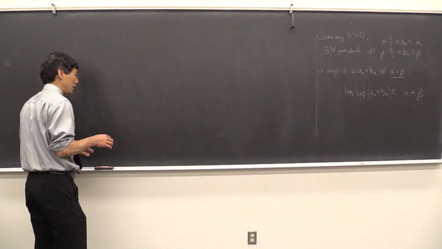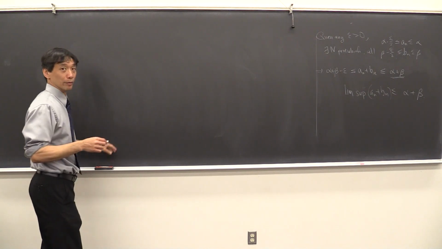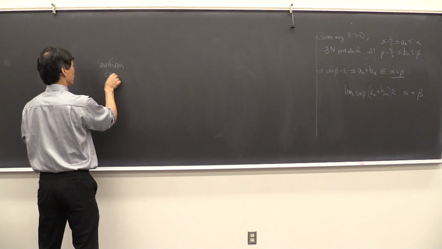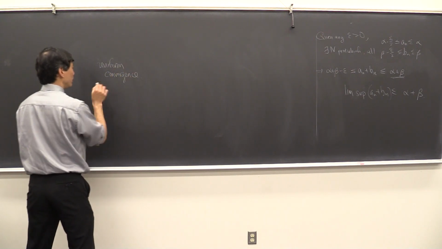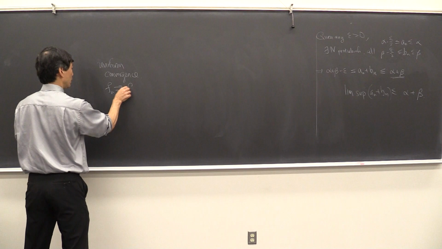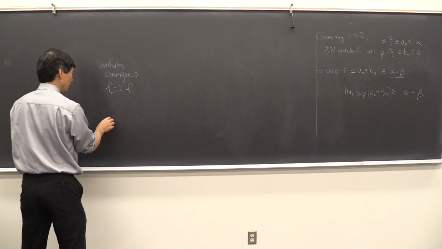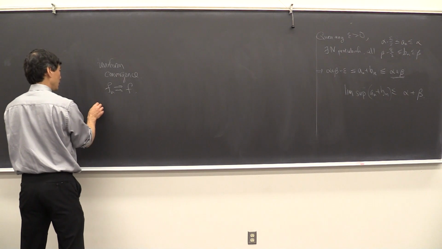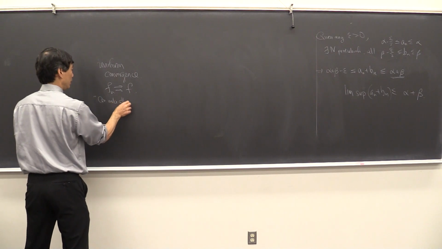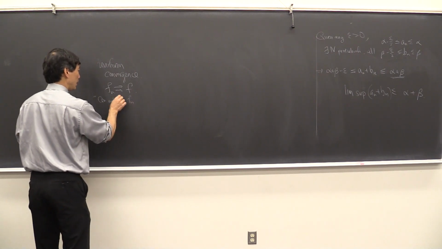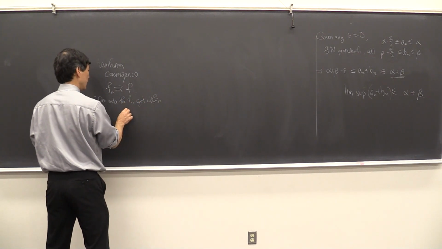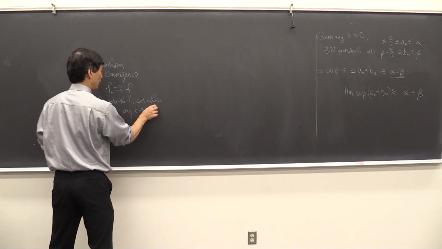So the important thing about the sup norm metric is its equivalence with uniform convergence. Uniform convergence means that you can make the f sub n get within any epsilon of f.